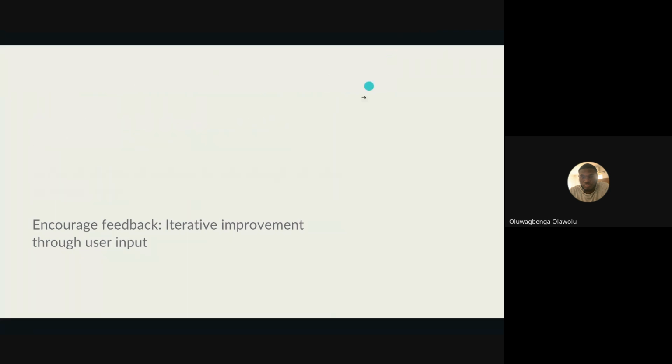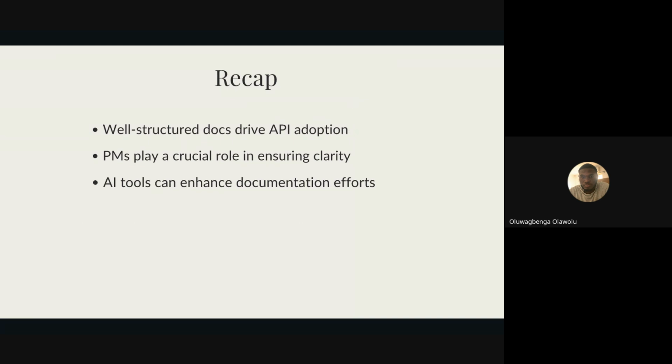So yeah, basically a recap of all I've been saying is that a well-structured API drives adoption, and PMs play a real role in making that happen, because let's be honest, once devs have a working API, it's on to the next thing, and it's on the product manager to make sure that the end product, which in this case is the API, is really good.